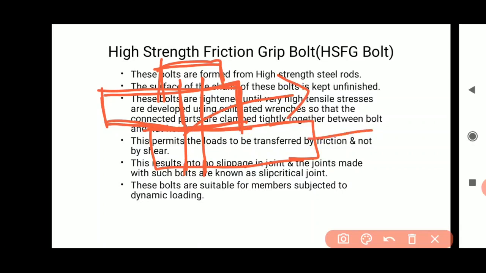So when we pull these two members, the load is resisted by the high friction resistance between these two surfaces. So here the load is transmitted by and resisted by the high friction resistance.